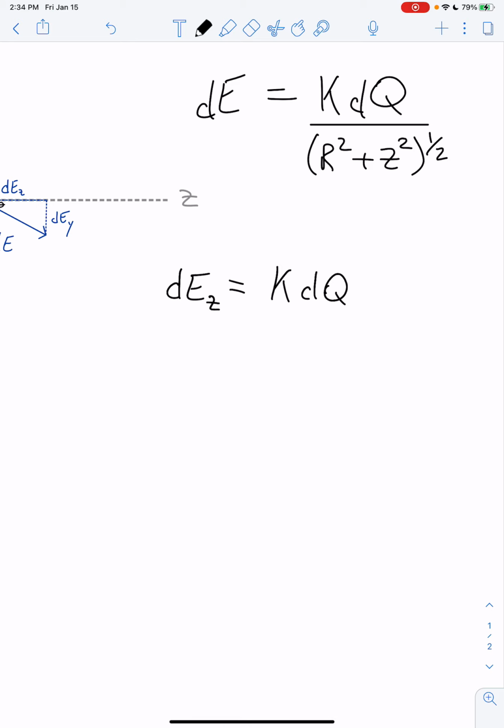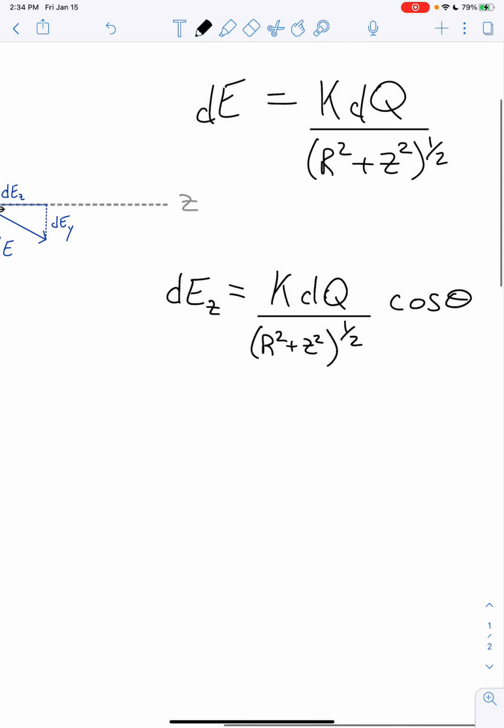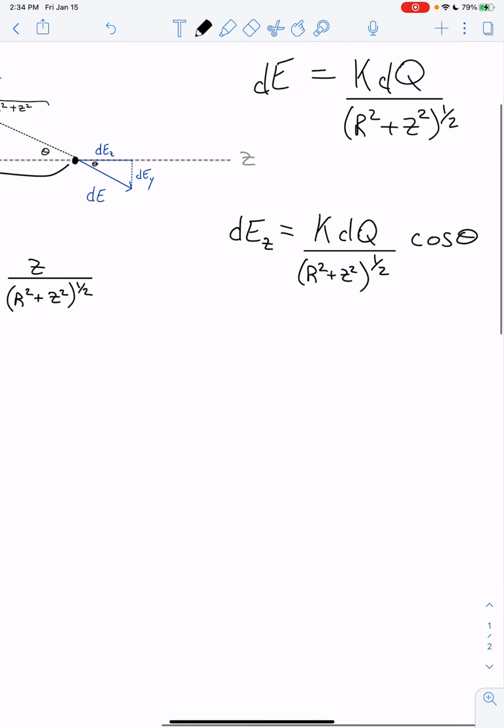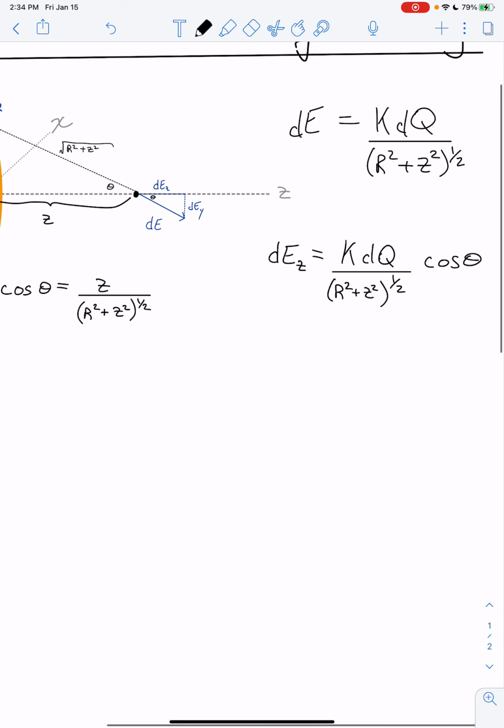So we're going to add a cos theta term. Okay, now the cos theta term can be rewritten, as we see over there, as incorporating z and r squared, which is preferable.